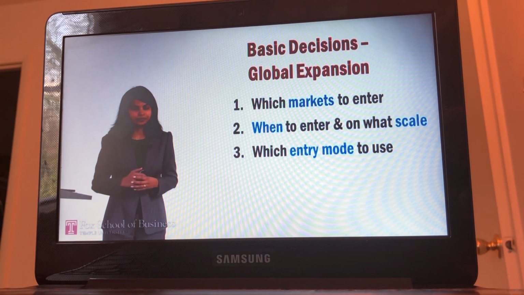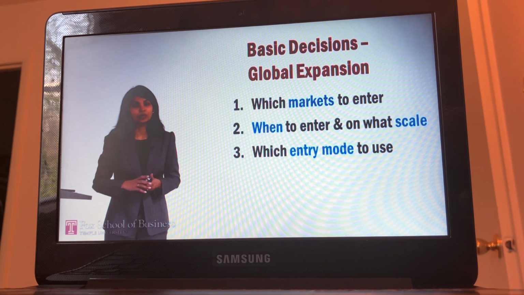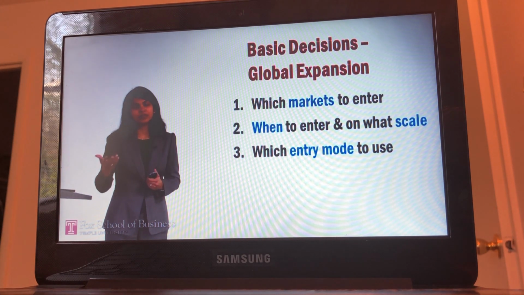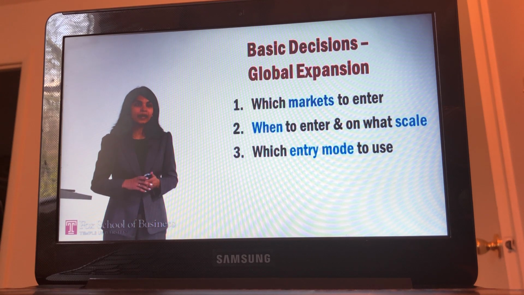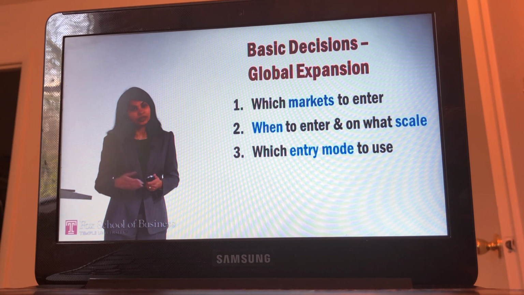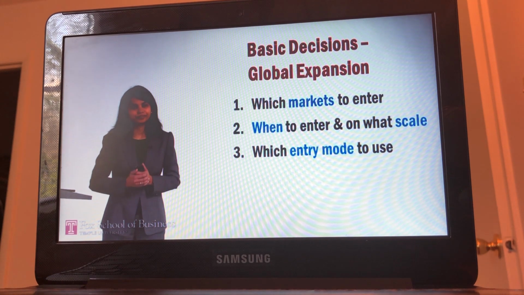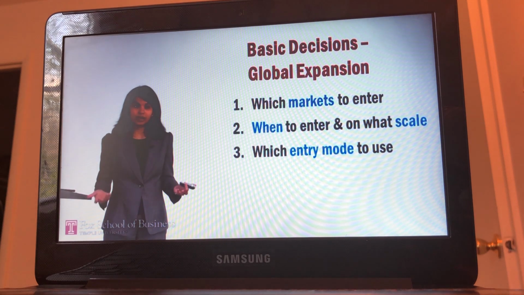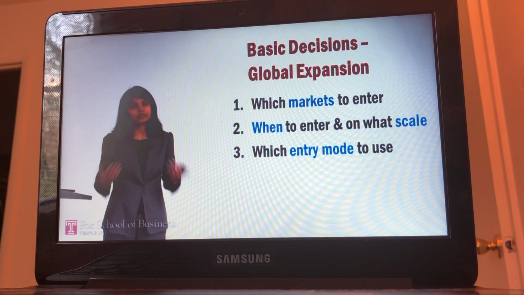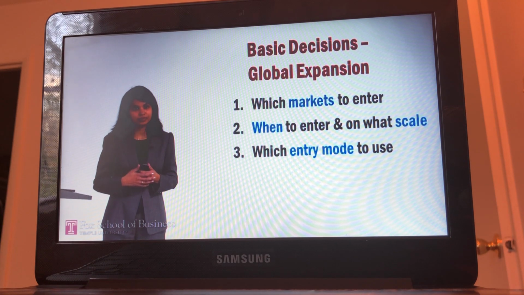So first of all, whenever a firm decides to go global, let's suppose there is a domestic firm, and this might not be the first time it's going to a foreign market, but let's suppose it's the first time. There are three important questions that managers face. One, there are so many different countries in the world and so many different opportunities. Which market would give me the best return on my investment?